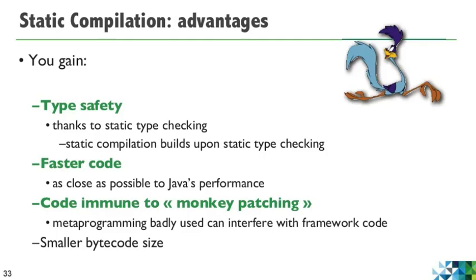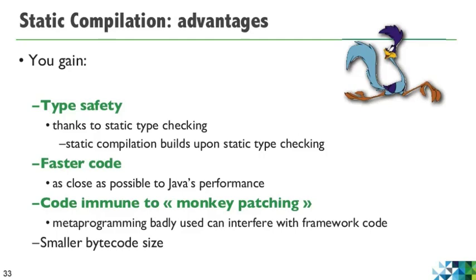And another benefit, since the bytecode we generate is not going through the meta-object protocol, which is the dynamic heart of Groovy, your code is actually immune to monkey patching.